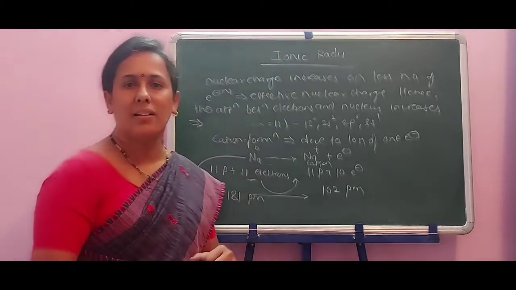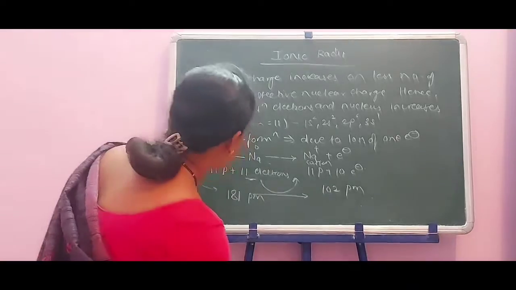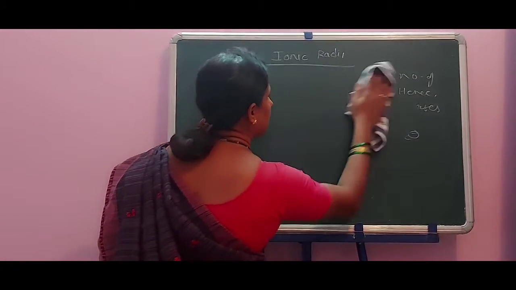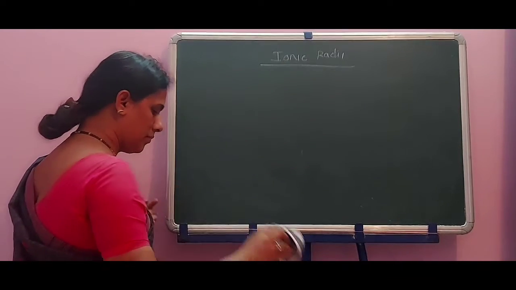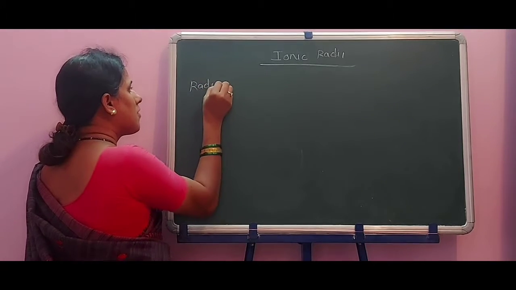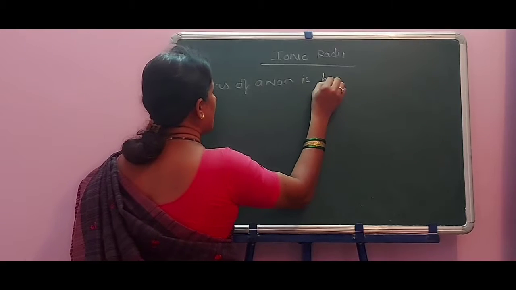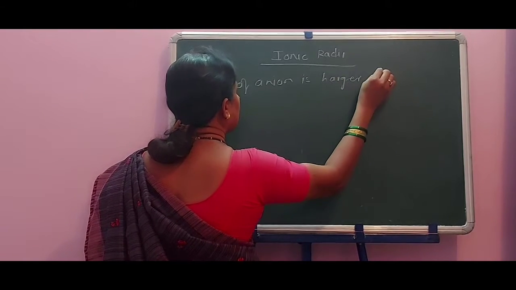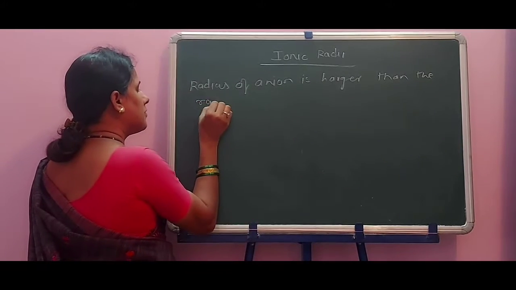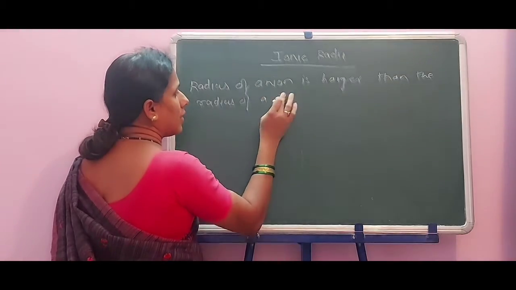Now next we will consider the case of an anion. The statement is opposite to that: the radius of an anion is larger than the radius of a cation.